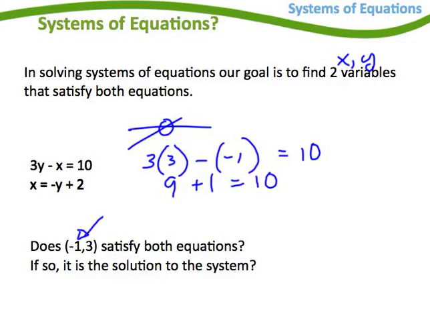Yes, this point is on that line. Now, if this point is also on this line, then this is the point where the two lines cross. Let's try it. X is a negative 1, is equal to negative y, which is 3, plus 2. So negative 3 plus 2, that's a negative 1. So negative 1 is equal to negative 1. That checks out.